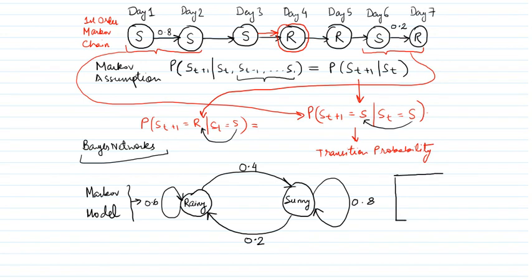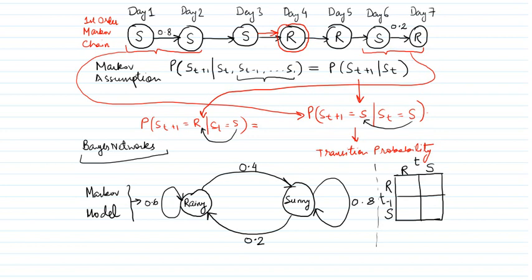I can write this. Suppose this is t minus 1, and along this axis I take the time t, with rainy and sunny on each side.